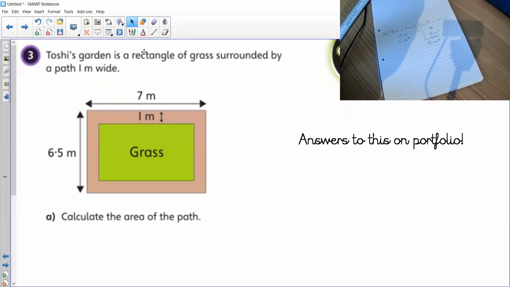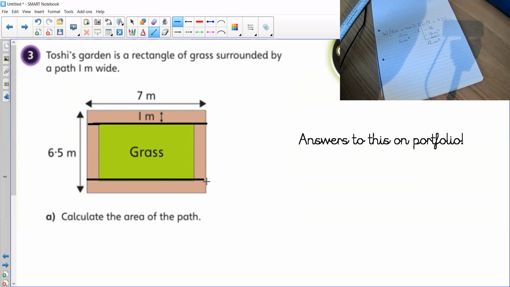Now, when you do this, be careful, because if you were to work out this rectangle here, going all the way across almost like that, and work out the area of that path, be careful because I've worked out the area of that path. So if I did the same over here, these sections, this bit and this bit are no longer 6.5 meters long, are they?